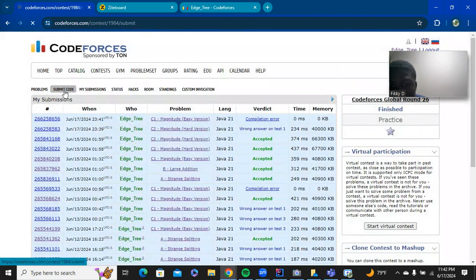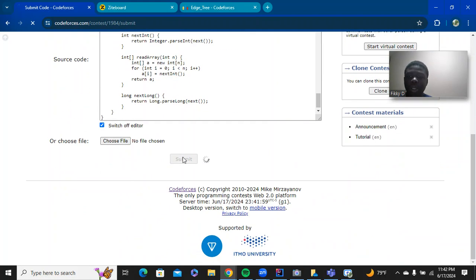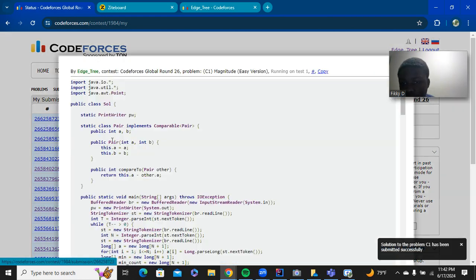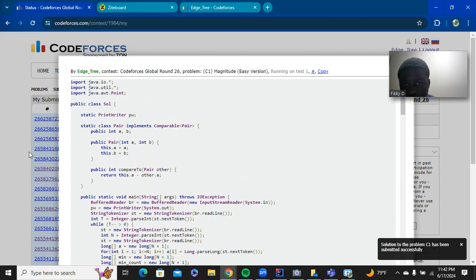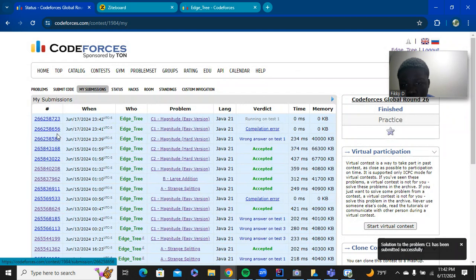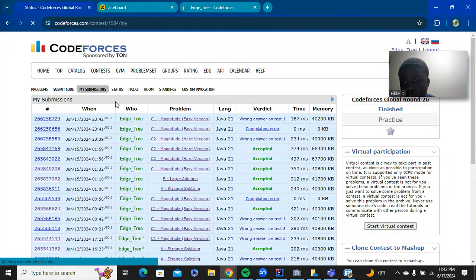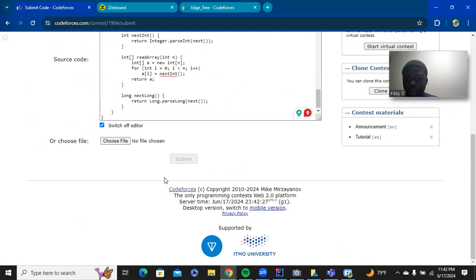Oh, that's C2. That's interesting. That's C2. That's why I was so confused. I was like, I'm definitely correct. I submitted this for the wrong problem. Sorry, you don't even need it. So I'll show you it's redundant, bro.